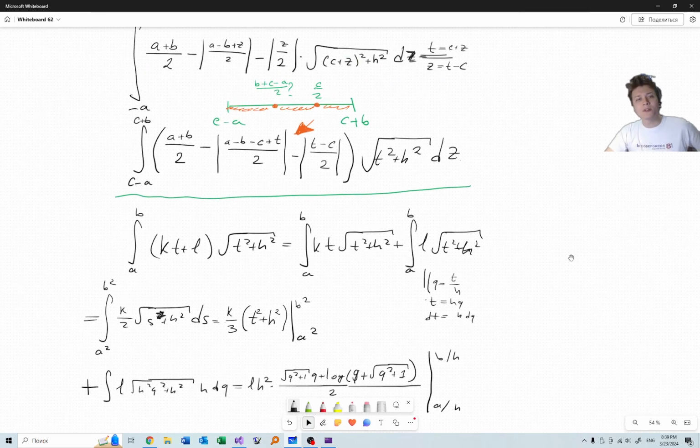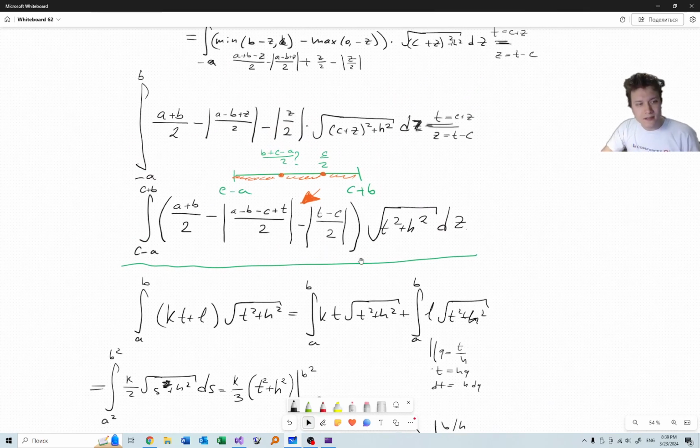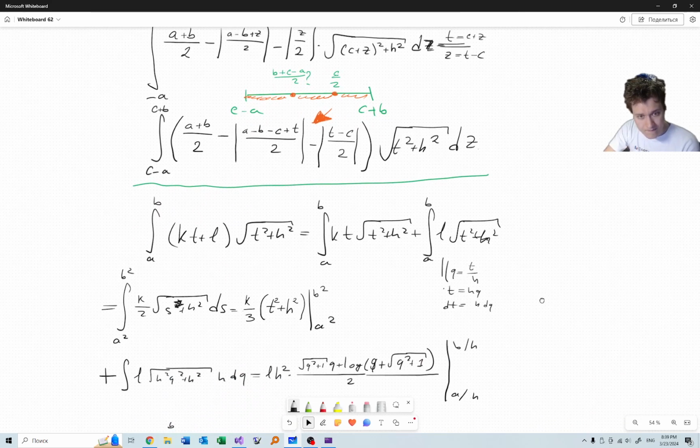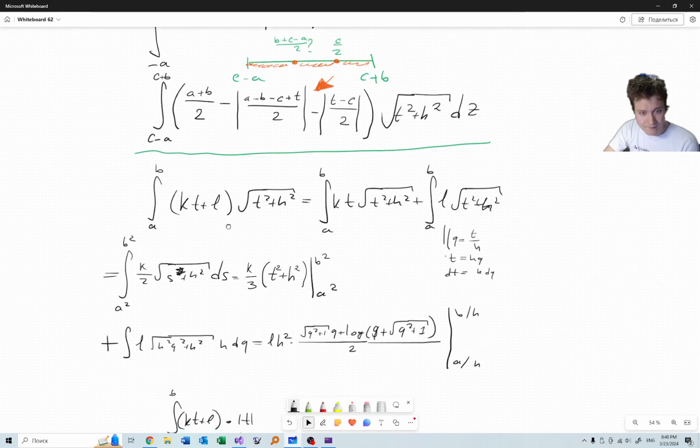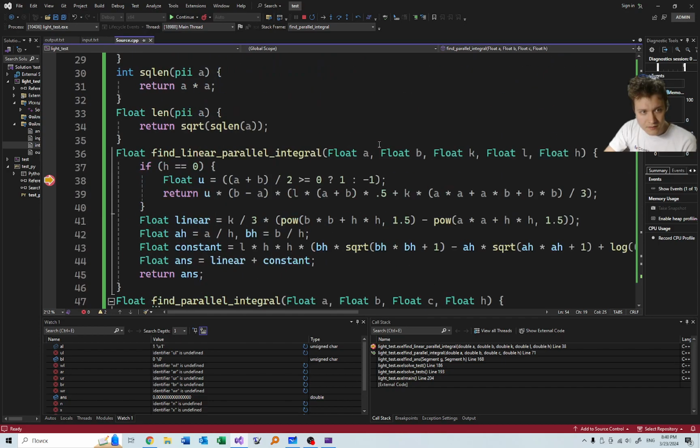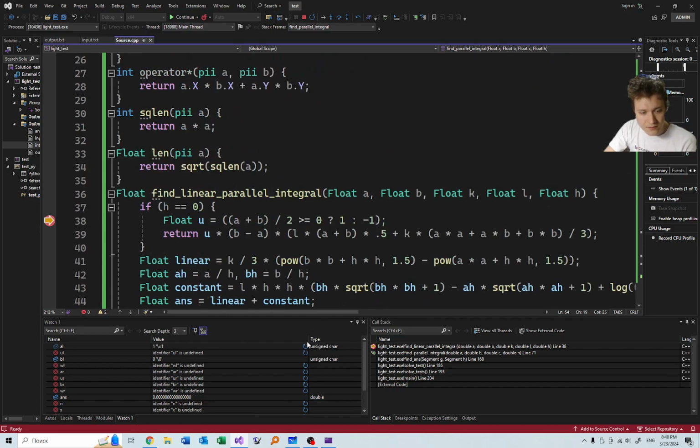Okay, let's see what it says. It says that I need to find an integral from a number to a number of linear function times this function. Yeah, and this is called linear integral. Yes? This is called linear integral. ABKLH.